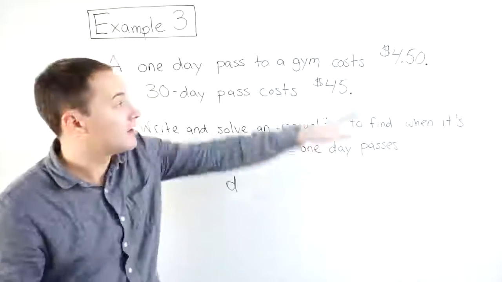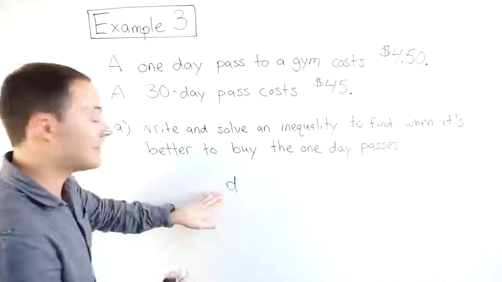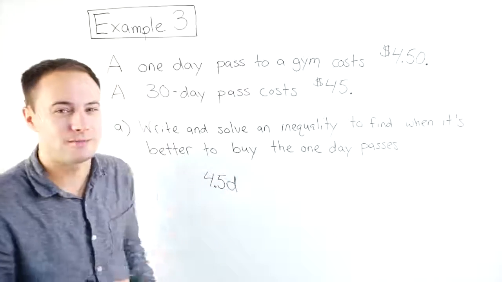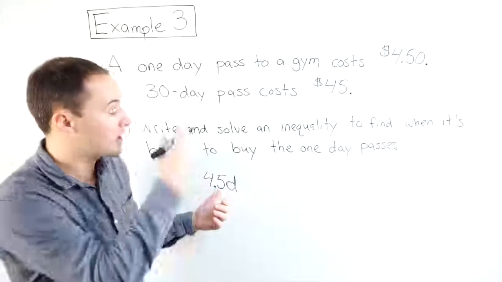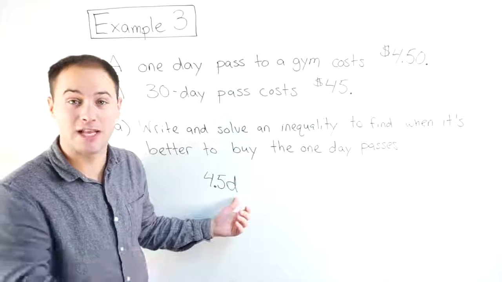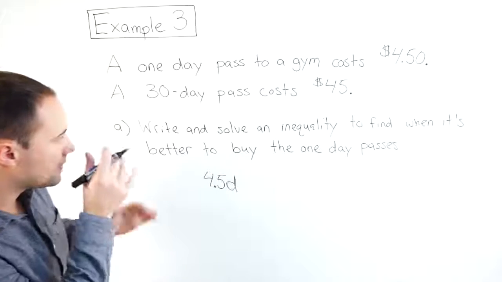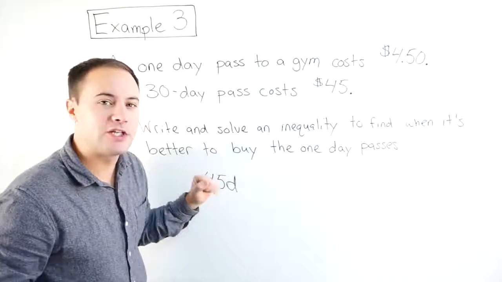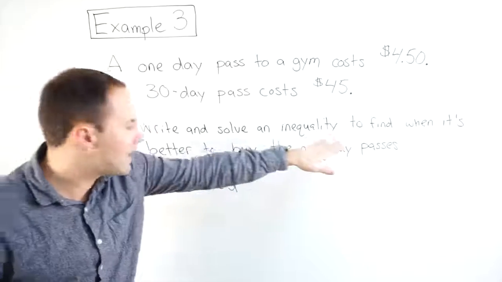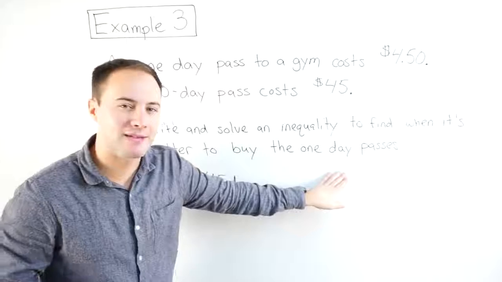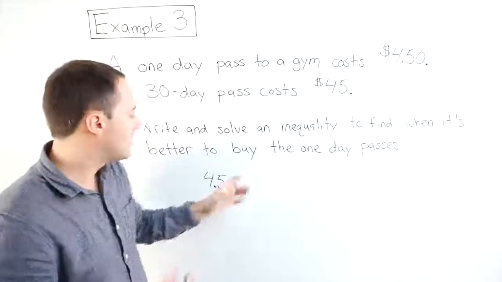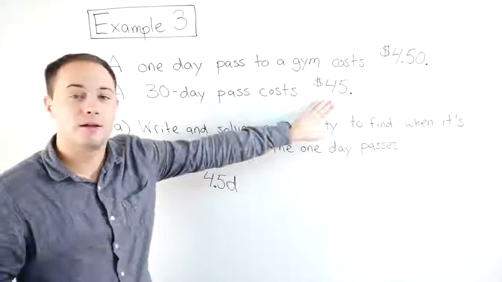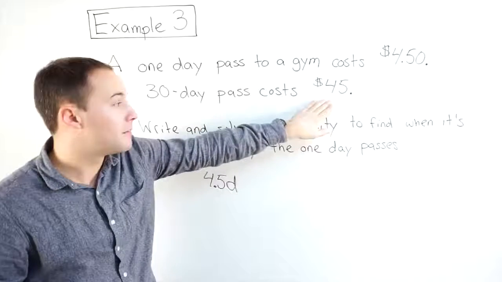Well, each day costs $4.50, so this will become 4.5D, right? $4.50 times the number of days you go. Now, what we're looking for is when it's going to be cheaper, right? When it's better to do the one-day passes. And it would be better when this cost is cheaper than the $45, than the month-long.